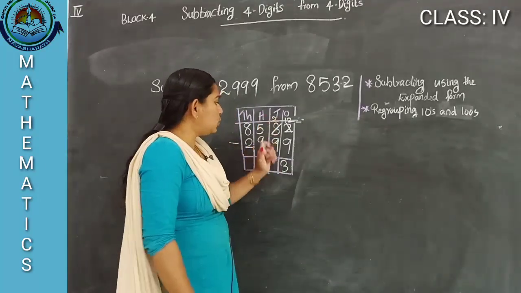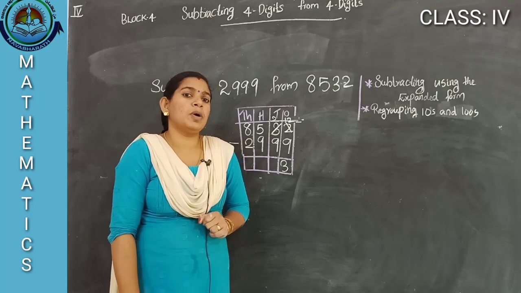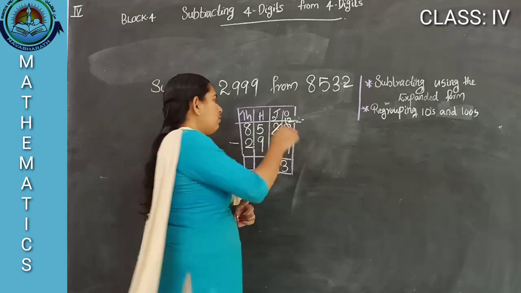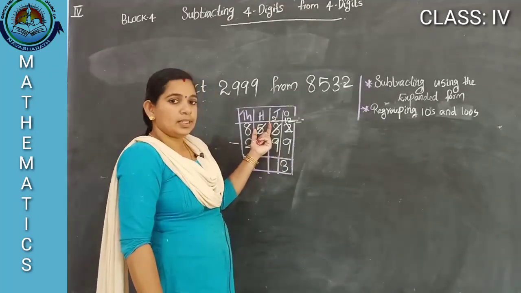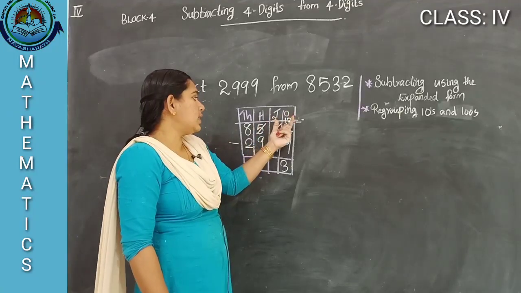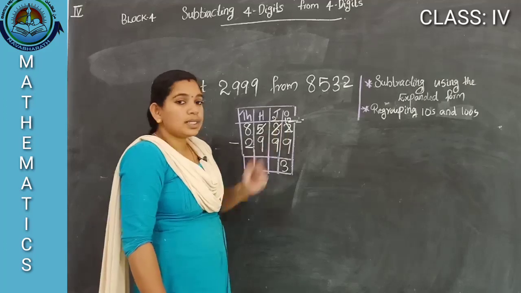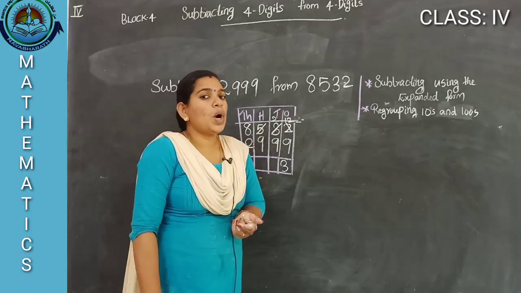Then here 2 minus 9 again. The first number is smaller than the second. So we take 1 from the hundreds place. So we take 100 plus 20, 2 is in the tens place, so 100 plus 20 is 120.